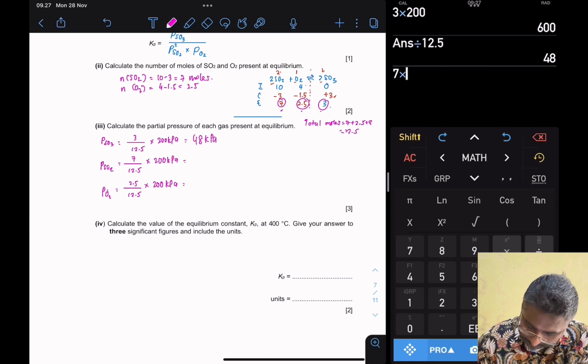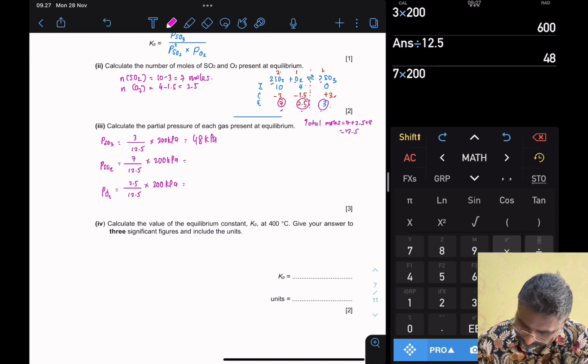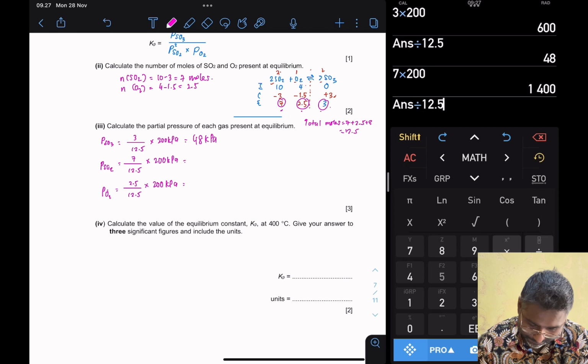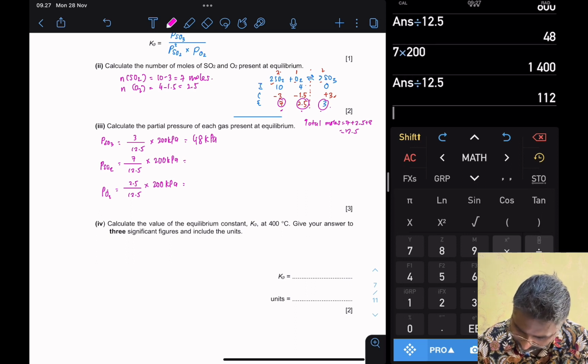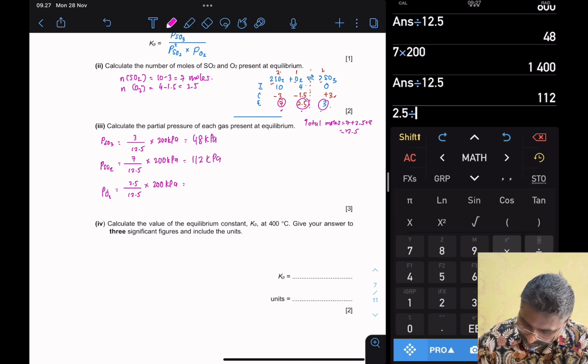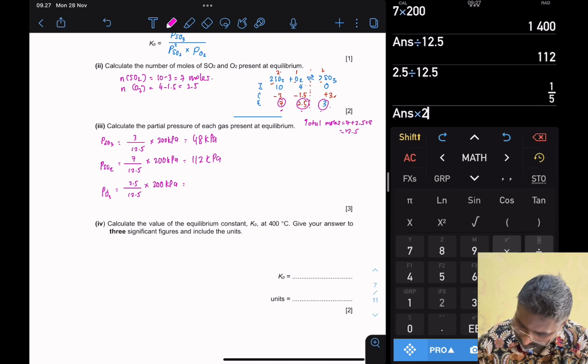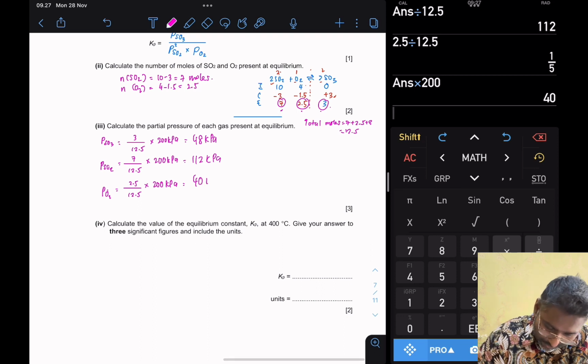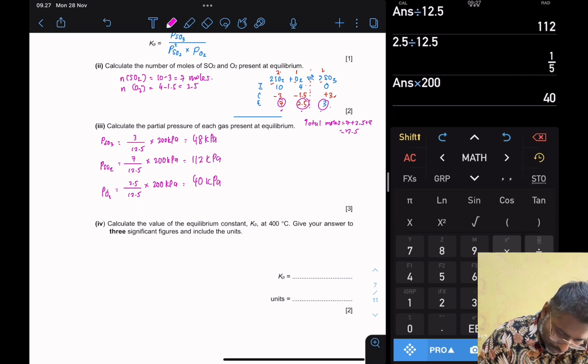And then 7 times 200, and then divide by 12.5, you will get 112. And then 2.5 divided by 12.5, and then times 200, that's going to be 40 kilopascal.